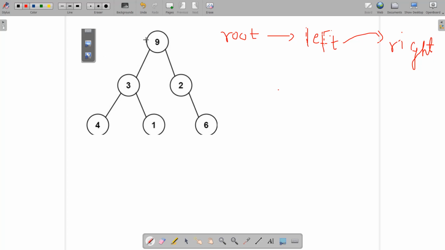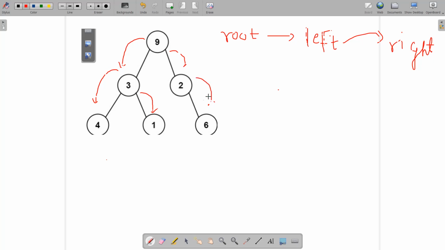You can see I'm visiting this 9 first, then go to 3, then go to 4, and after 4 there are two null nodes. We are not going to visit them, but in representing this pre-order traversal, we show them with the hash. Once this is done, we go over this one, then this one, then this one.